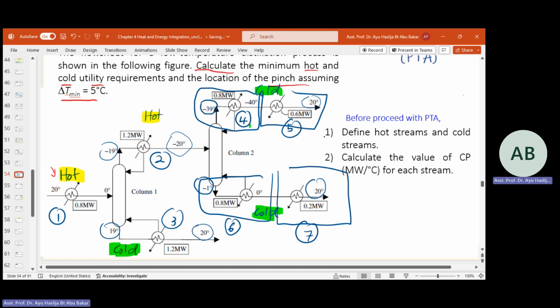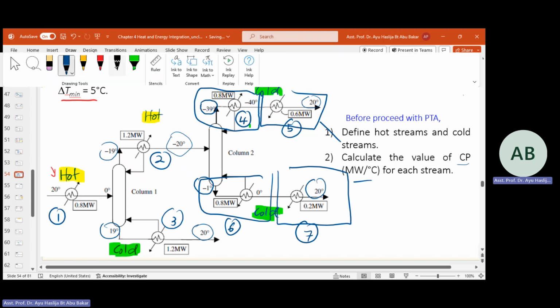Okay, now we are done with step number 1: define hot stream and cold stream. Then it asks you to calculate the value of CP for each stream. CP is not given. How do you want to calculate the CP value over here?